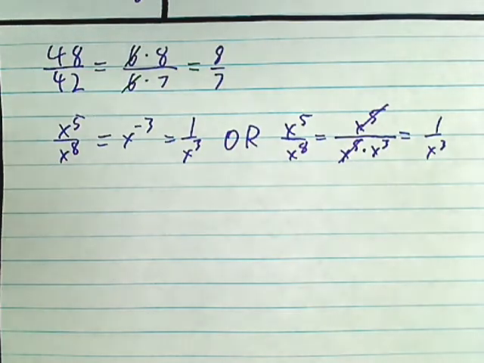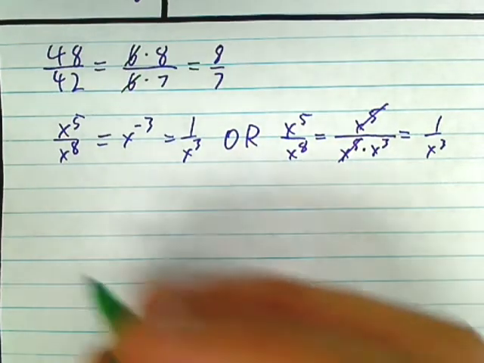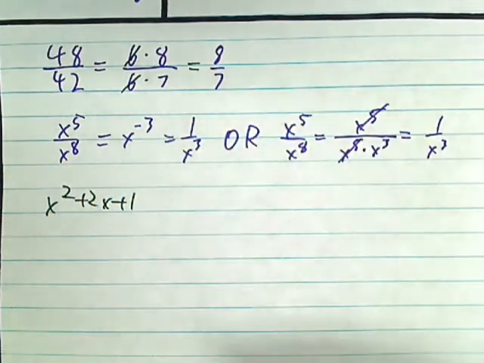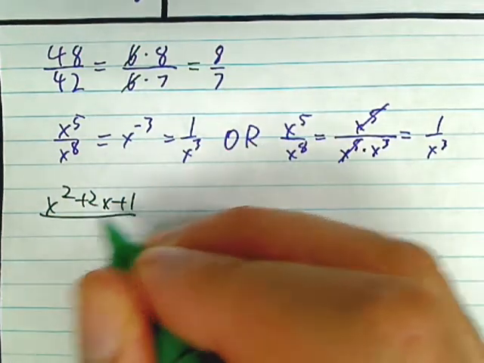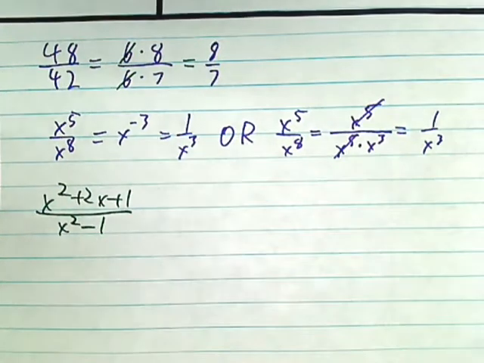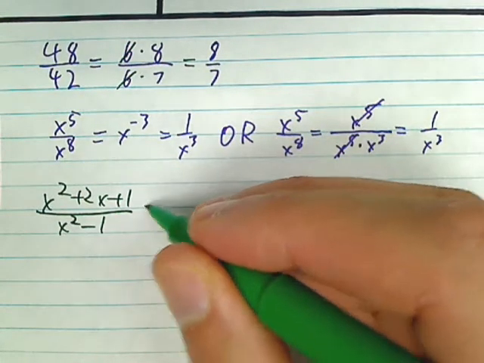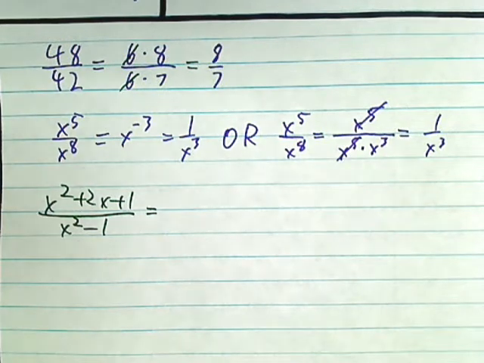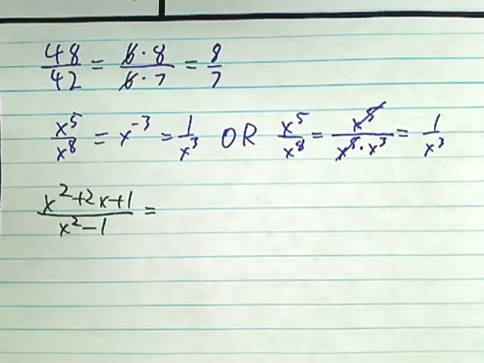Okay, let's try a little bit of a different example. Let's try an actual algebra fraction: x squared plus 2x plus 1 over x squared minus 1. What's going to happen here? The first thing I'll need to do is factor, because I can't just cancel out the x squared. They are not factors separated by multiplication; they're separated by addition and subtraction.